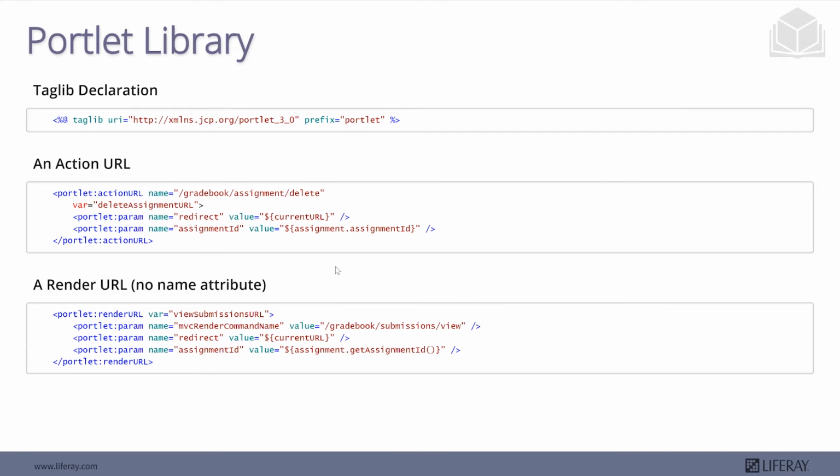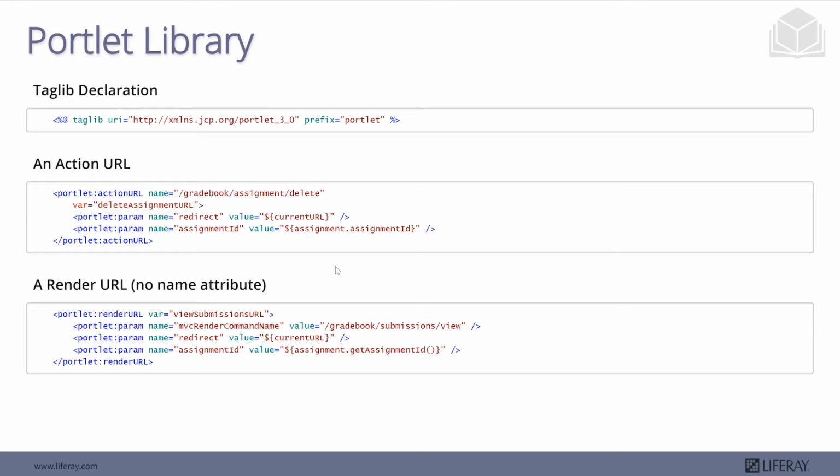All right, so next up is going to be our Portlet tag library. Right now we're using Portlet 3.0, and so we're adding the respective tag that goes with it. With the Portlet 3.0 tag library, we can do things like create our action URL as well as our render URL.